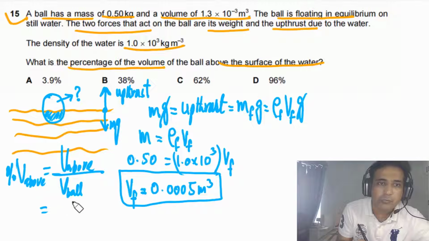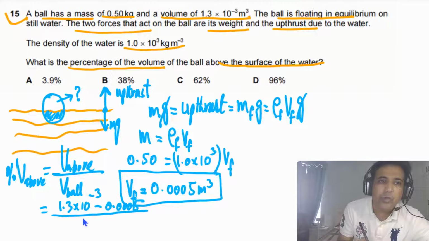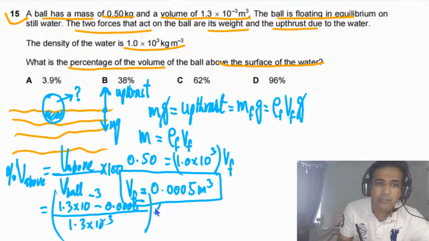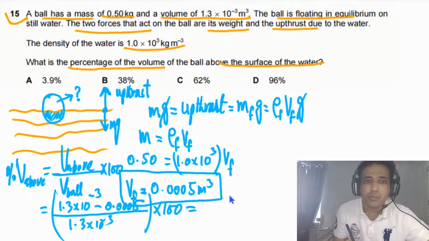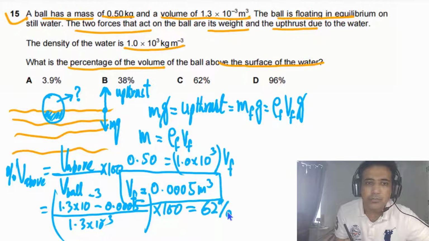So we have the volume of the ball, that is 1.3 times 10 to minus 3, minus 0.0005, divided by the volume of the ball, and we have to multiply by 100. If we solve this one, we will get 62%.